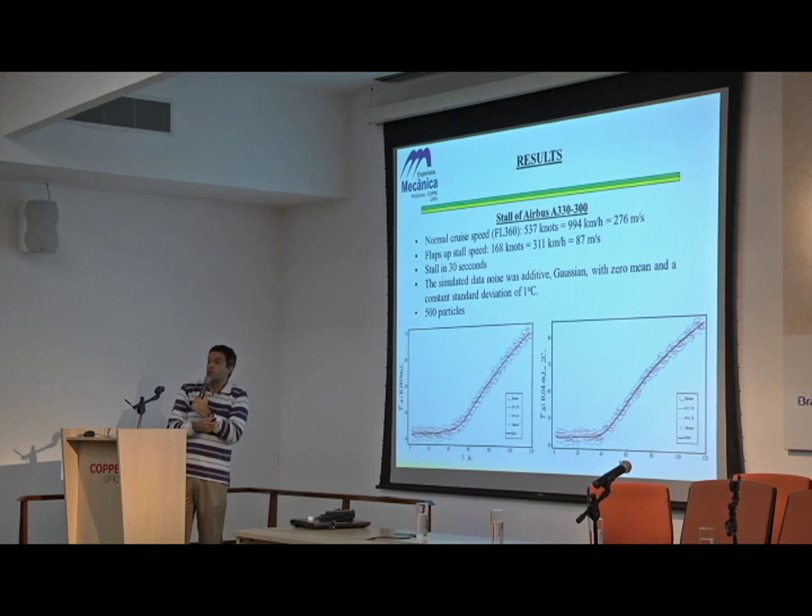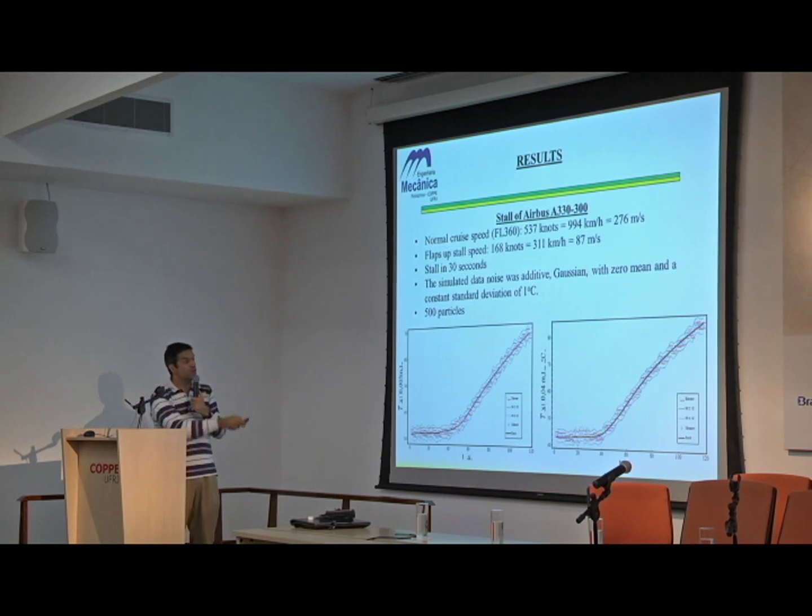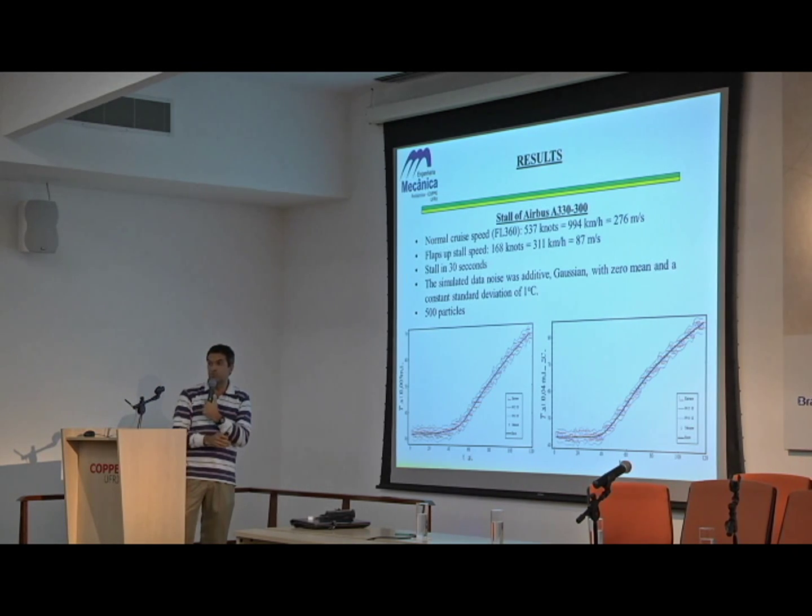We assume that this could happen in 30 seconds. For the simulated measurements, we have additive Gaussian noise with 1 degree centigrade of standard deviation. For this solution, we have used 500 particles.